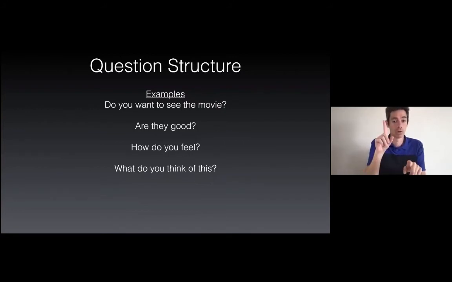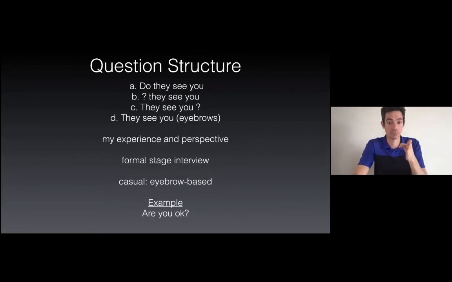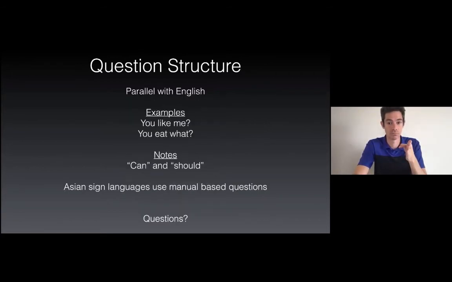So for yes, no, do you want to see a movie? Is this good? And so again, you're starting with the question. So to go back, and so where it parallels English, in English, you can also say, do you like me?